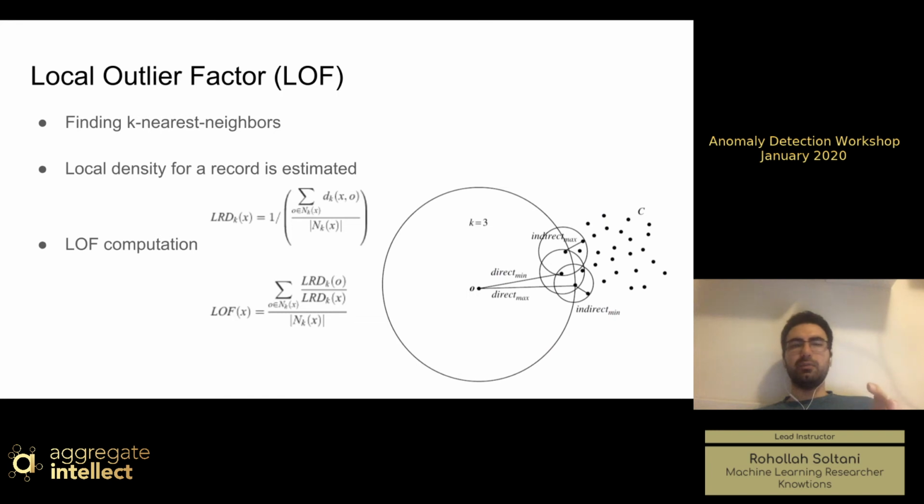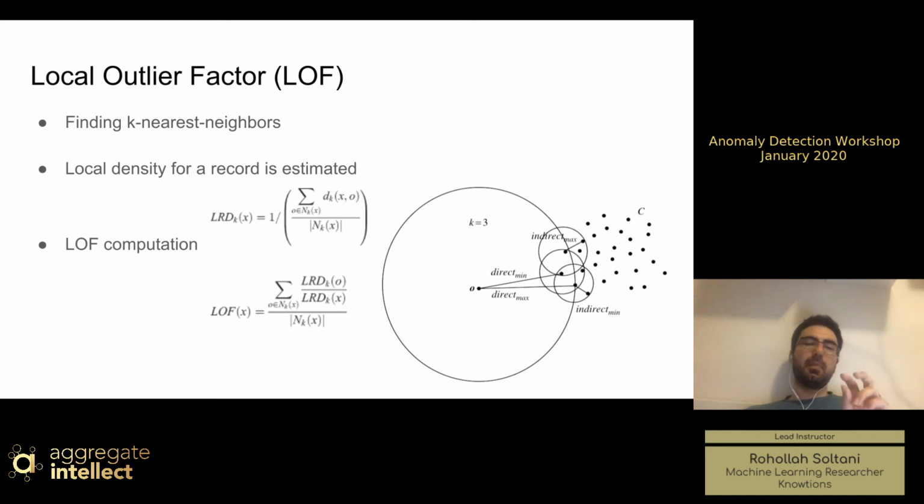To do that, you first have to find all the k nearest neighbors, and then you compute the local density for a record, using what they call LRD, the local reachability density, which is basically the inverse of the average distance to the k nearest neighbors. For the k-NN method, we were computing the average distance to the k nearest neighbors.